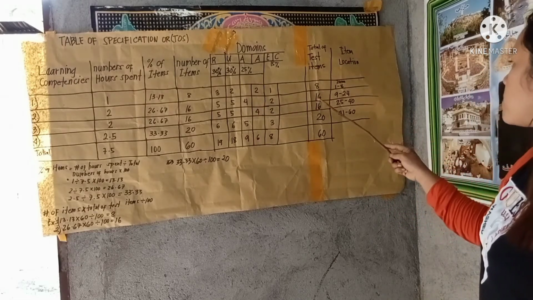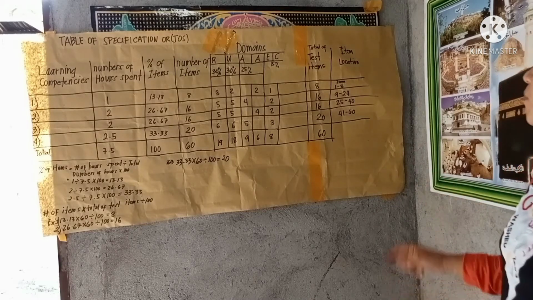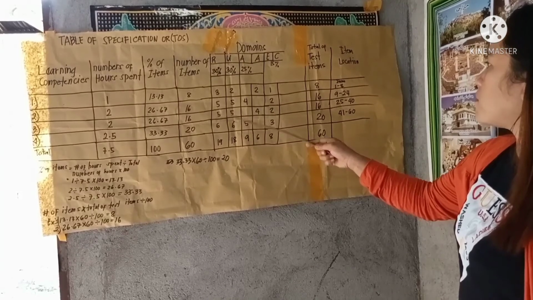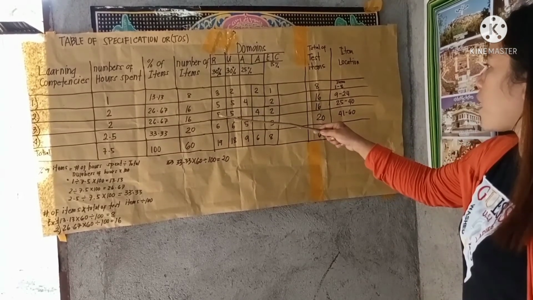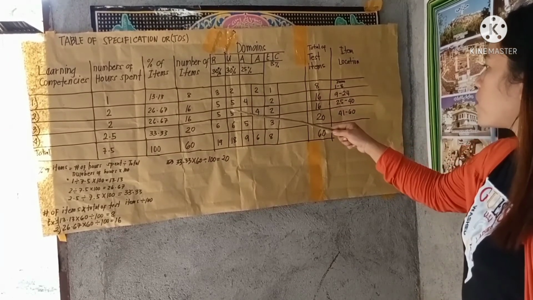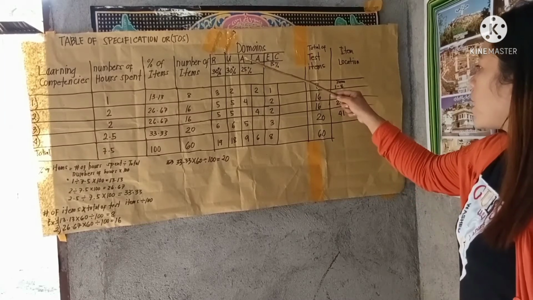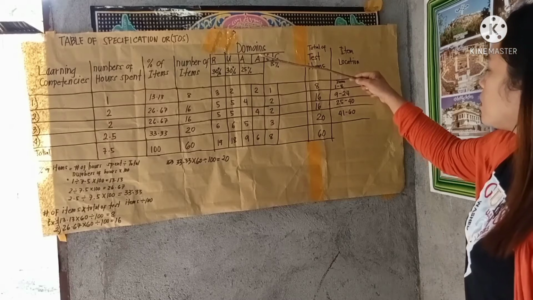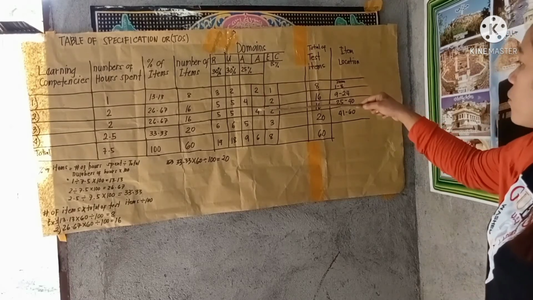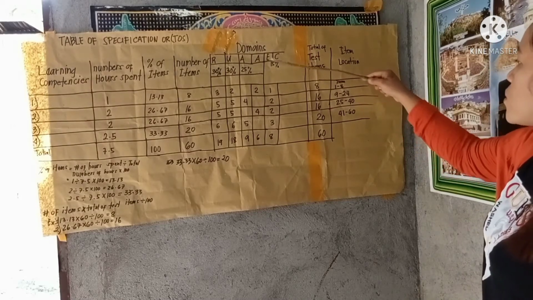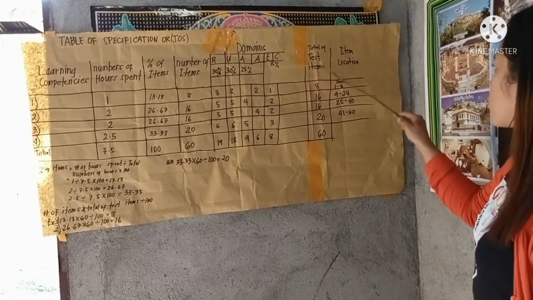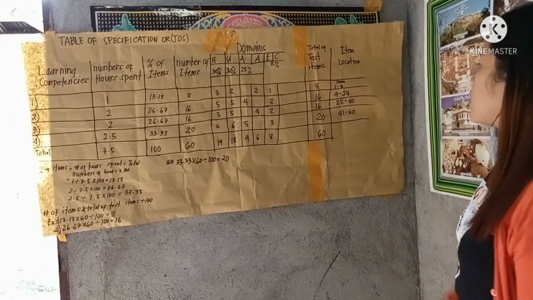Total of test items, 16. The same for the next one: remembering 5, understanding 5, analyzing 4, evaluation 2. The total of this part is 16.